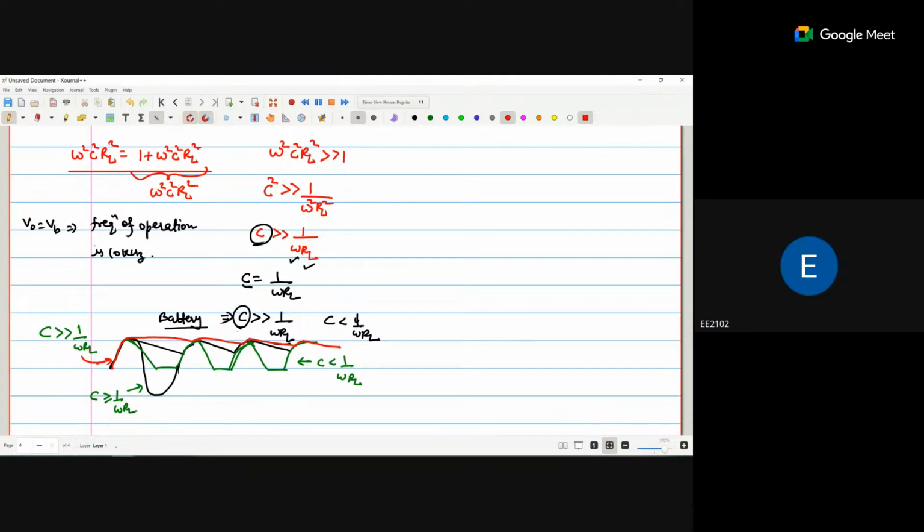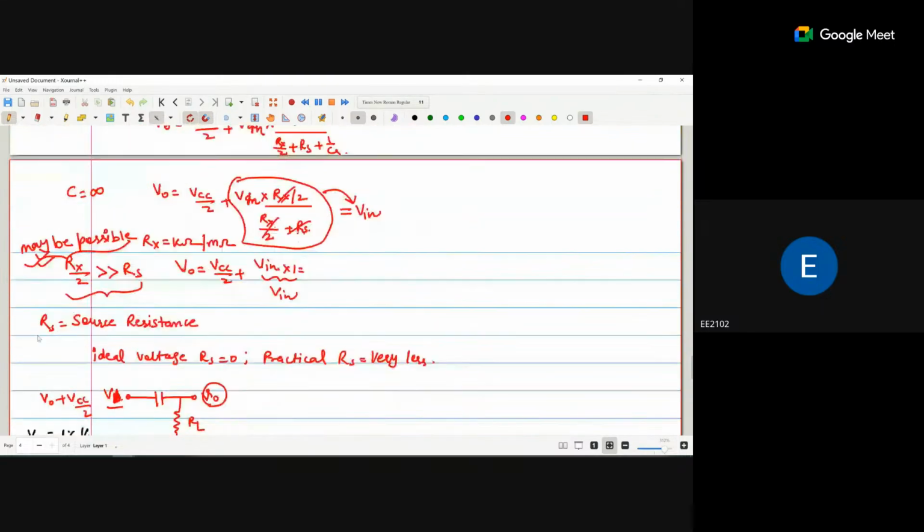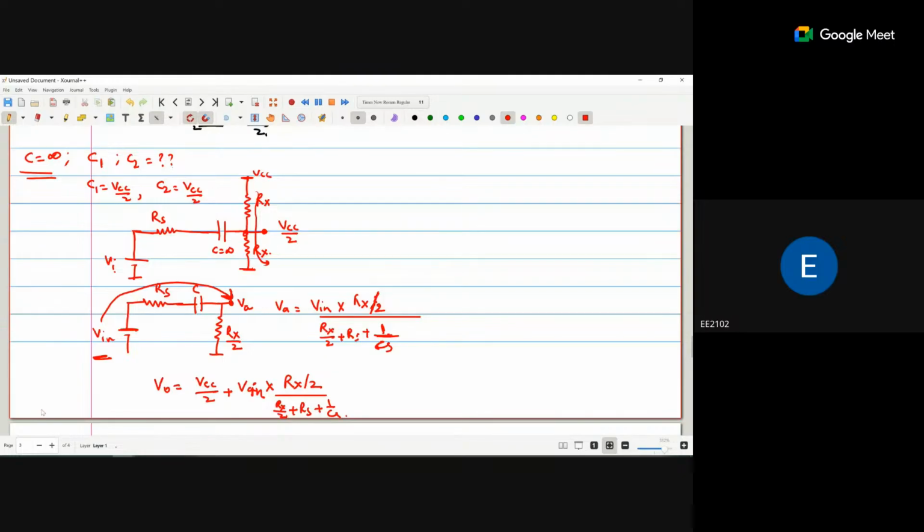The same method you can use for the output voltage. Because if we calculate the capacitance, what should we do? Equivalent circuit. Vi is grounded, and you have to calculate the capacitance time constant.